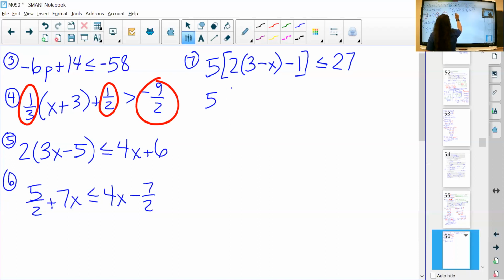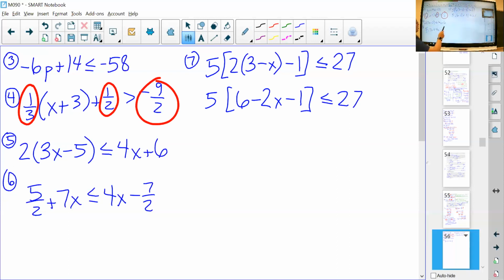That becomes 5 times 2 times 3 is 6, minus 2 times x is 2x, minus 1, less than or equal to 27. Now I've got some like terms I can combine. I can take the 6 and subtract the 1. Notice that I cannot add 1 to both sides to cancel that out.